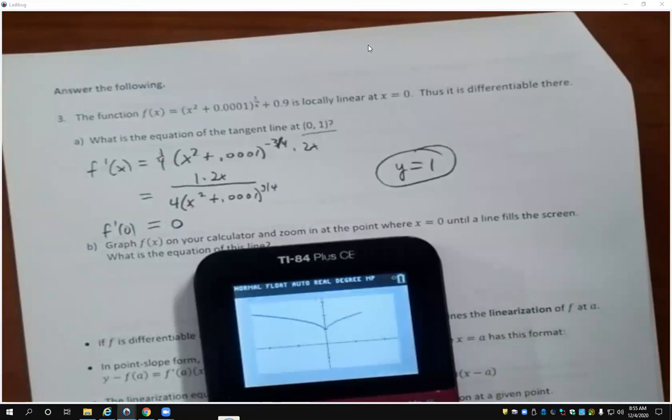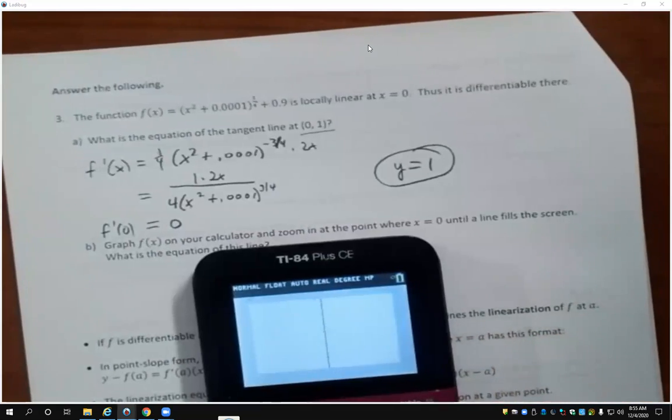And what you'll eventually find out is, I'm just going to move my cursor up here, zoom in on that a little bit more. And as you keep zooming in, you're going to find that we are going to be locally linear there. I'm just going to zoom in again. My cursor was in a good spot. And you see it's starting to curve now.